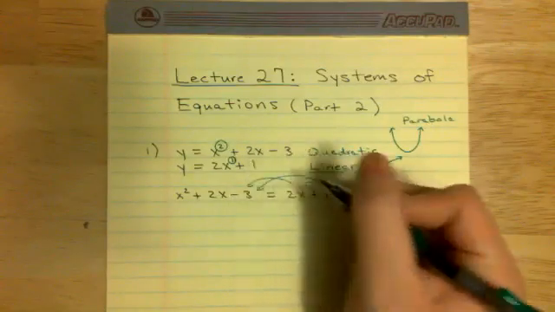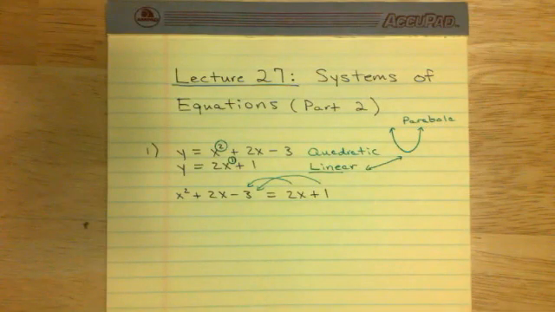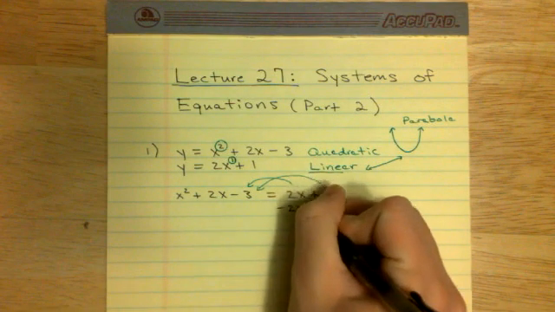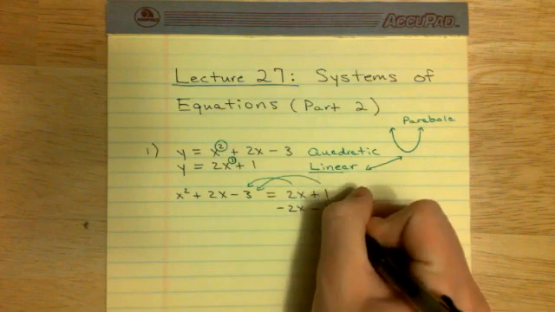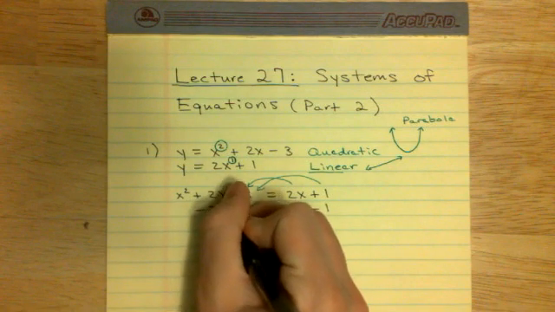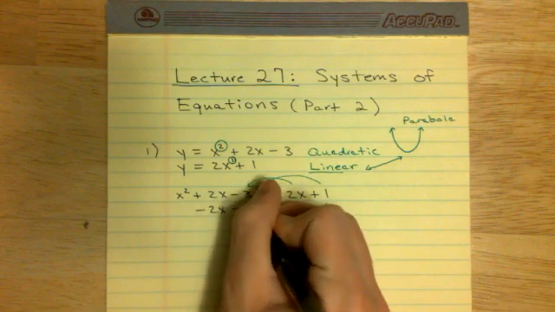Since I have a positive 2x and a positive 1, I can subtract them from both sides. So I can subtract the 2x and I can subtract the 1. And then I have to do the same thing on the other side so that the two sides remain equal.